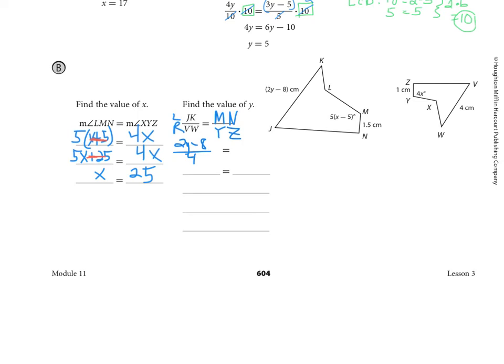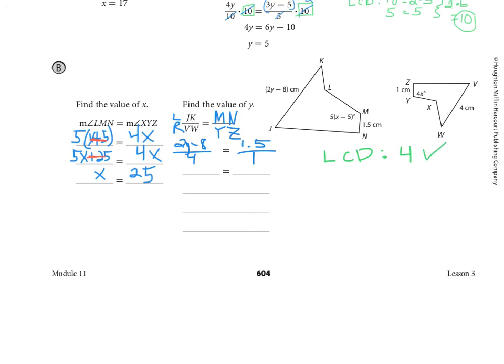MN is 1.5, and that corresponds to YZ, which is just 1. Okay, pulling off to the side really quickly, because we only really have one denominator that is not a 1, 4 is it. So that was a pretty quick check.